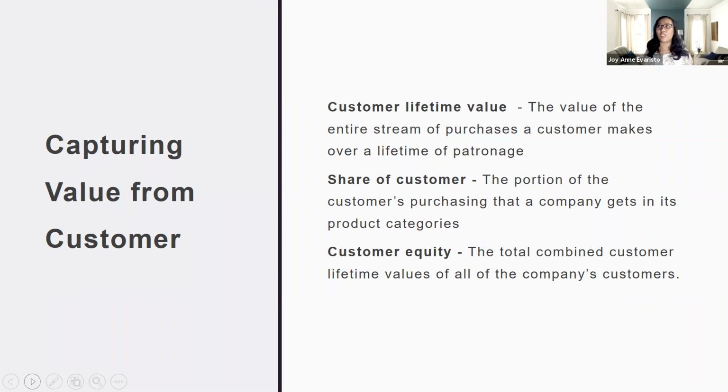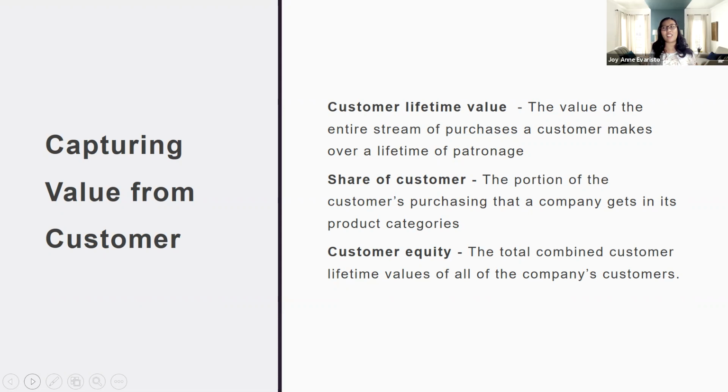In your textbook, Kotler and Armstrong discussed that banks, for example, call it share of wallet. Airlines call it share of travel. So that is share of customer. And then the last one is customer equity.